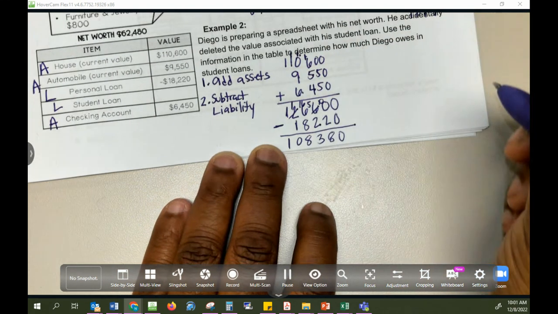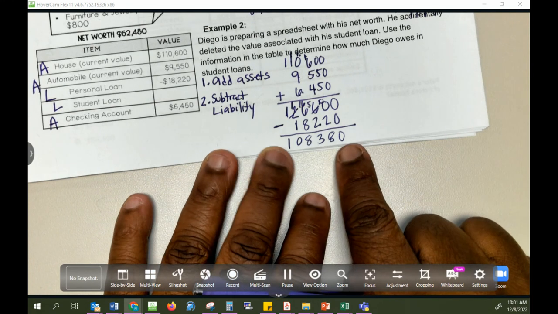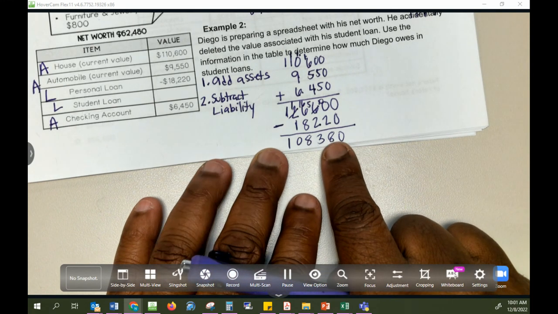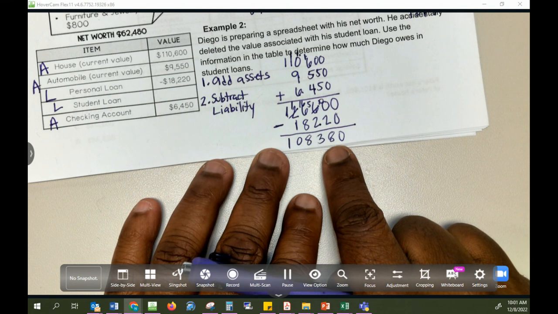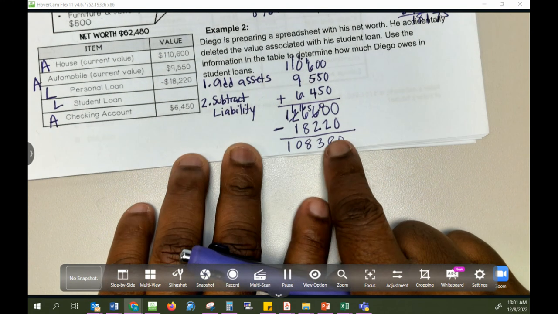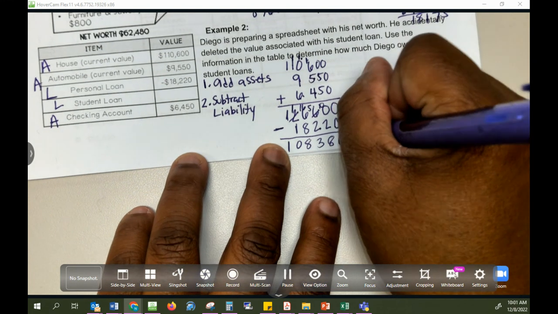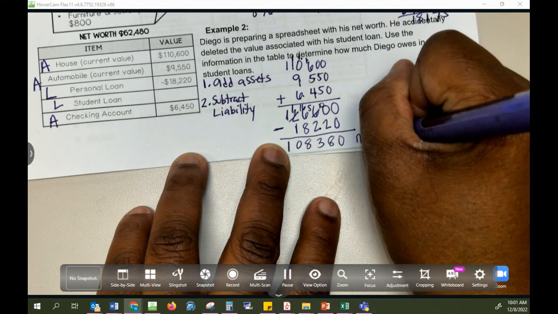And then 1. So this is how much money or value he currently has. Okay? So now that I have this, this is what we will call his net worth.